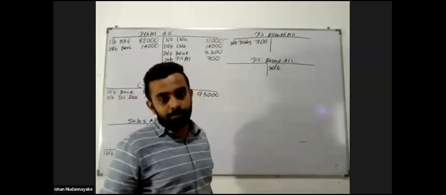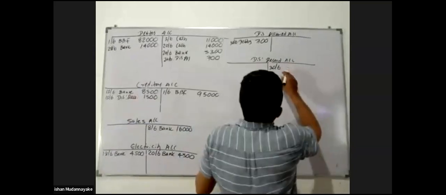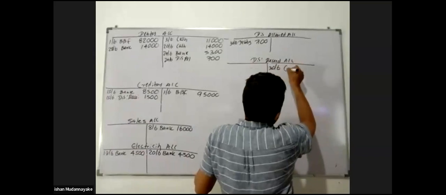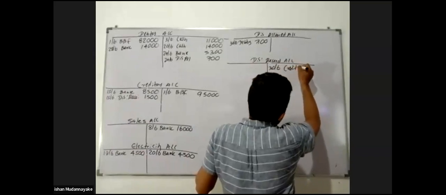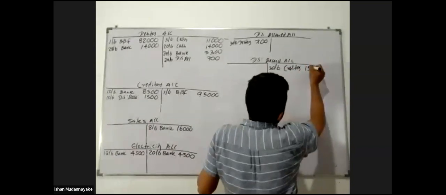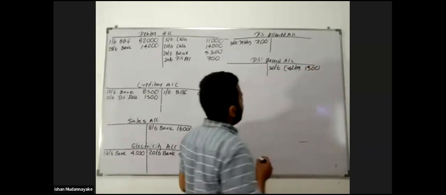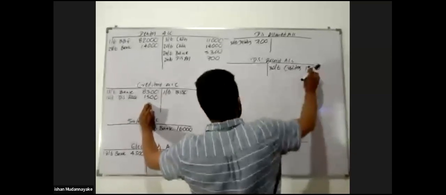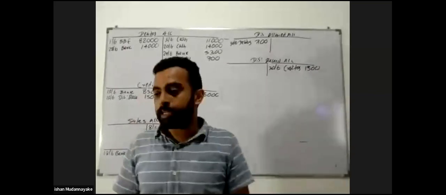Here, 30th June discount received, creditors: you have received discount from creditors 1500. Creditors account debit, discount received account credit. That's a double entry.